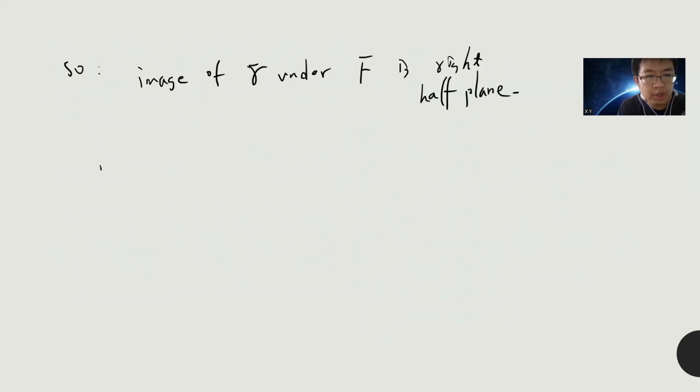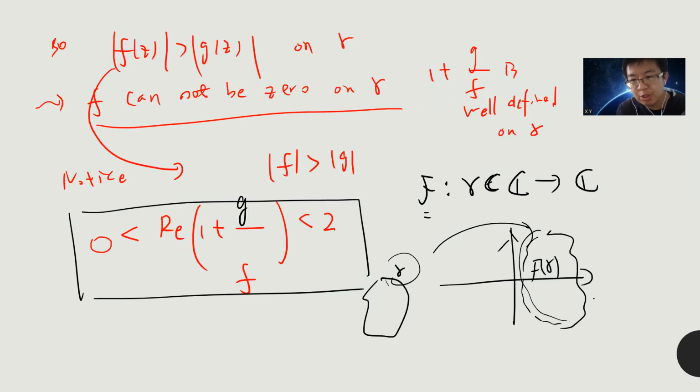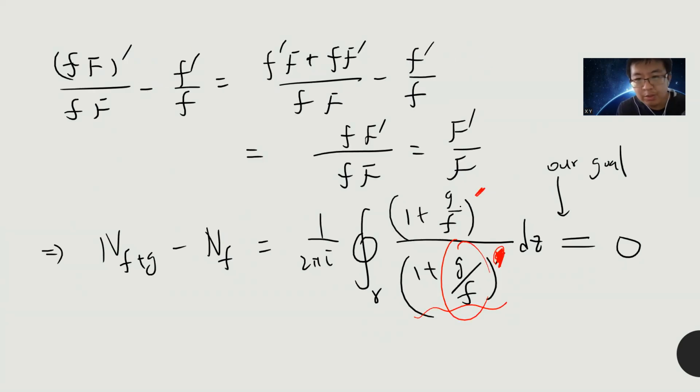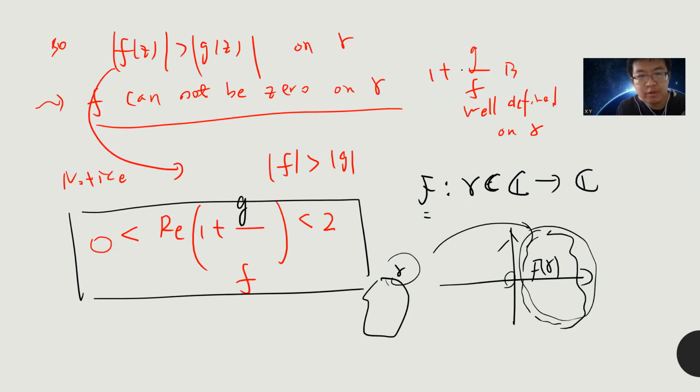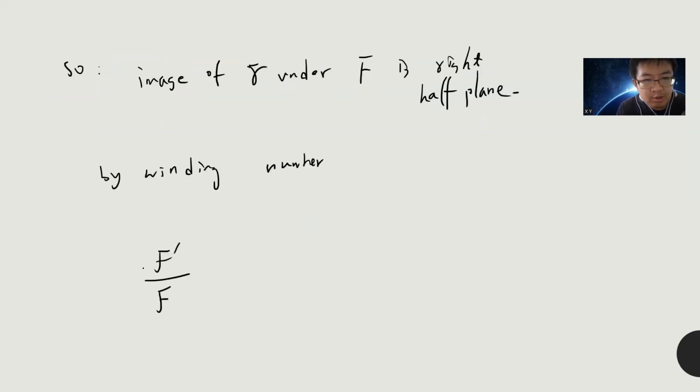Okay, so by winding number, now you know this gamma, and you do an integral along this gamma, but 0 is here, right? So you don't enclose the 0. So by the winding number, this term, f prime divided by f, does not enclose 0. You can do the change of variable.